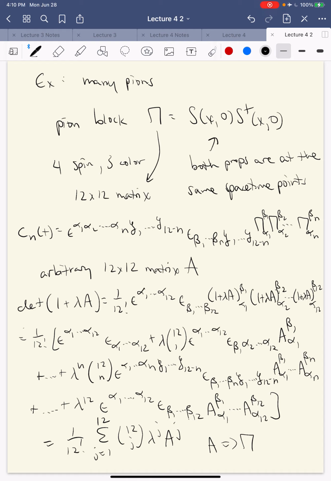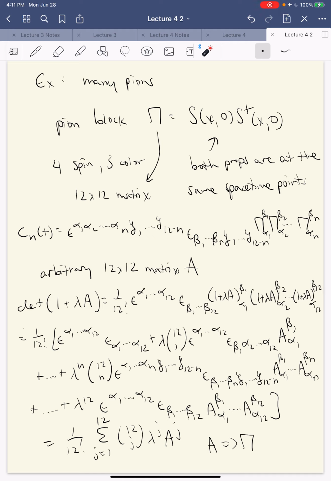And you can see that if I want, looking at this form for C sub n, that looks like this form right here for the nth term in the sum if I exchange A for pi.